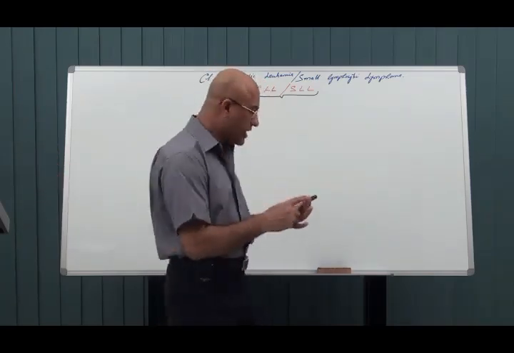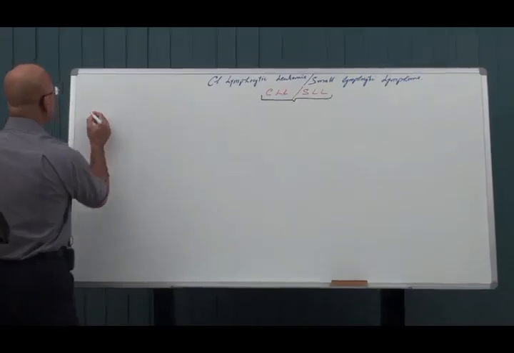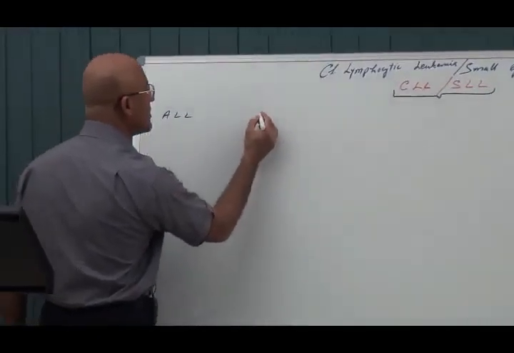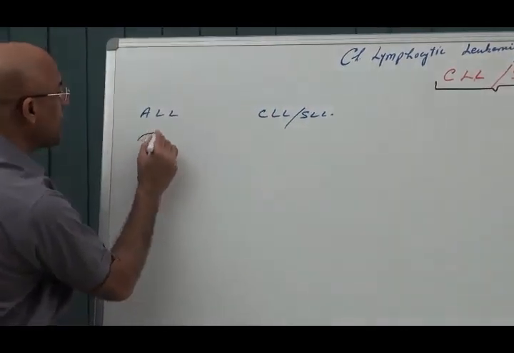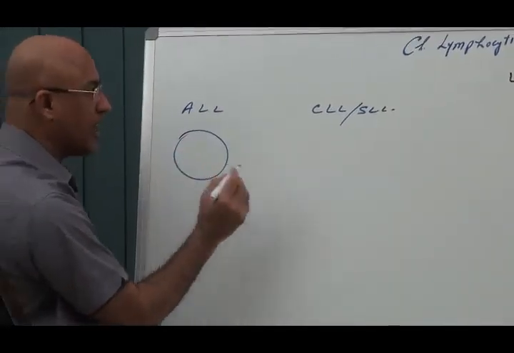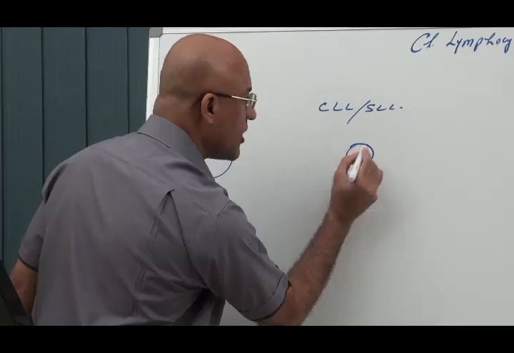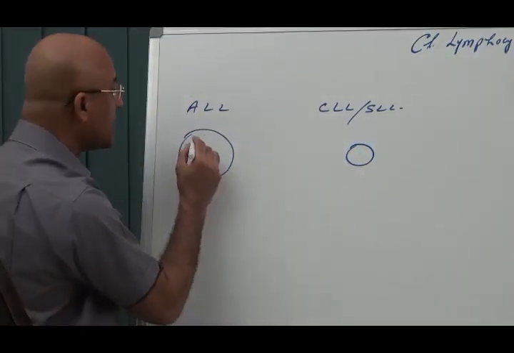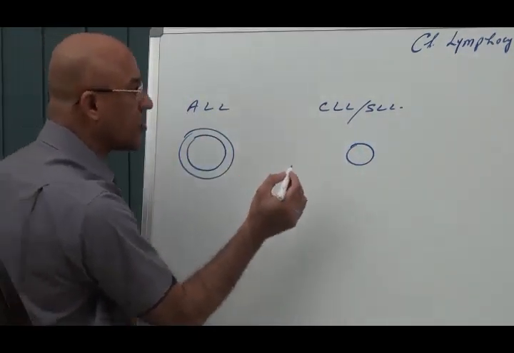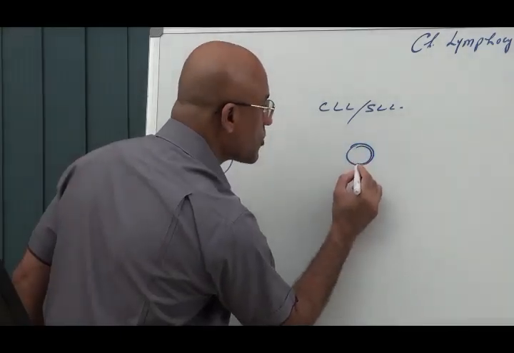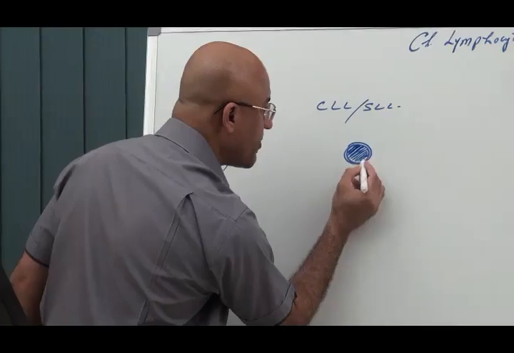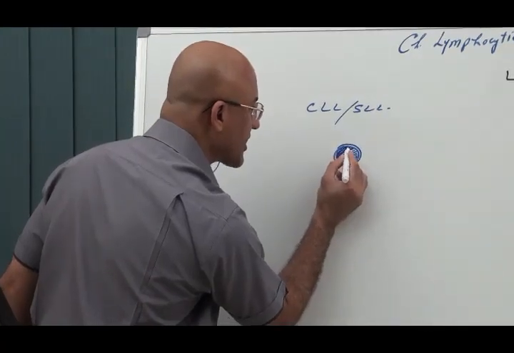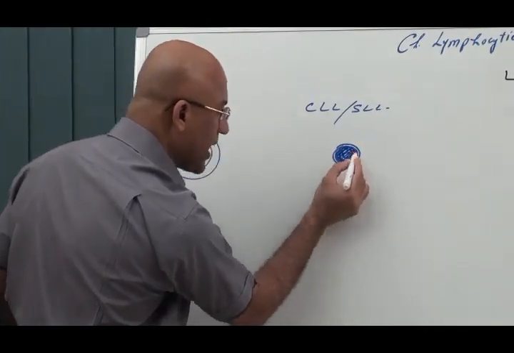Is that right? So we can say the very important thing between ALL and CLL versus SLL, that here were lymphoblasts which were large cells, here are lymphocytes which are small cells. Here there was a bigger nucleus, of course, here the smaller nucleus, but still the nucleus occupies most of the cell, and there is very scanty cytoplasm here.